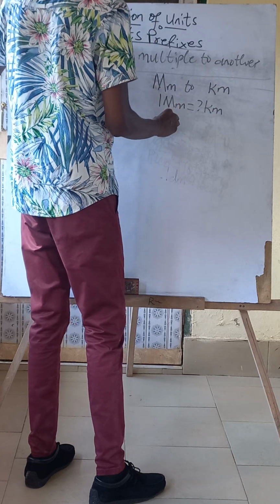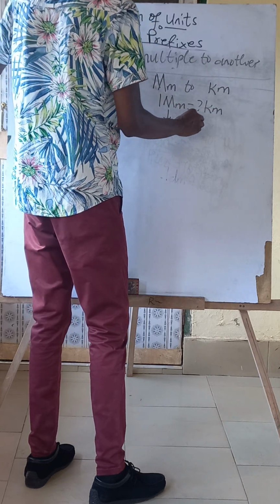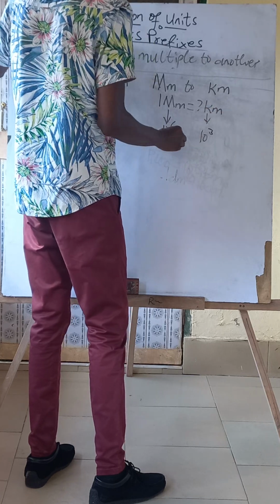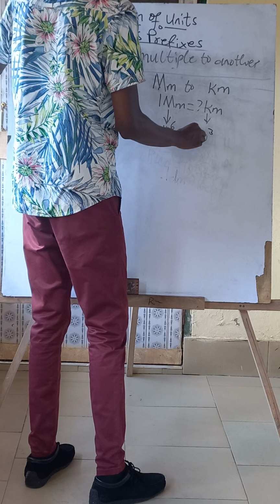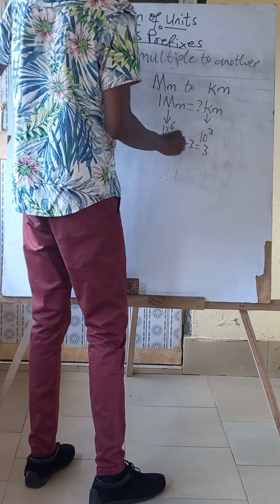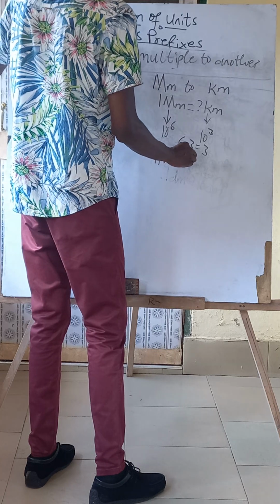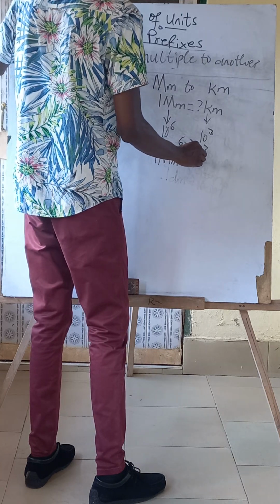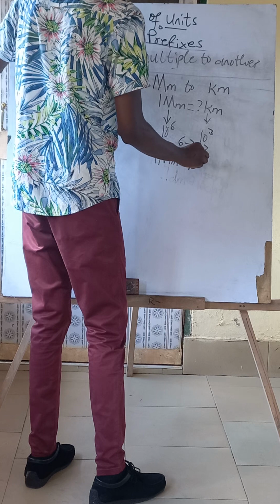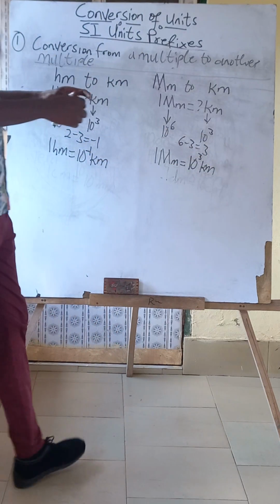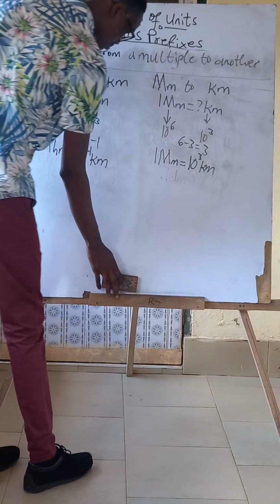Mega means 10 raised to the power 6, and kilo means 10 raised to the power 3. So you subtract the exponents, 6 minus 3, which will give you 3. So 1 megameter is equivalent to 10 raised to the power 3 kilometers. So that is that.